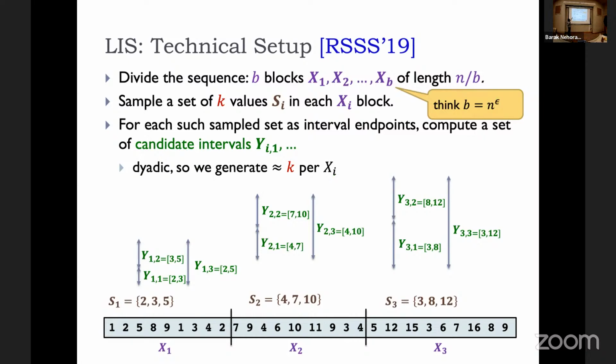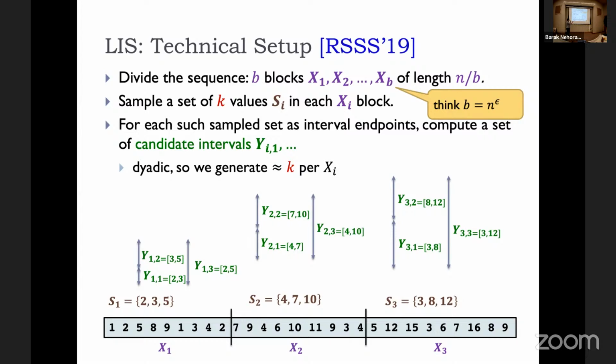Being a little bit careful, taking these intervals as being dyadic, we can generate only k such candidate intervals per block. It's still relatively large, which will be important later on. So this is what we do.